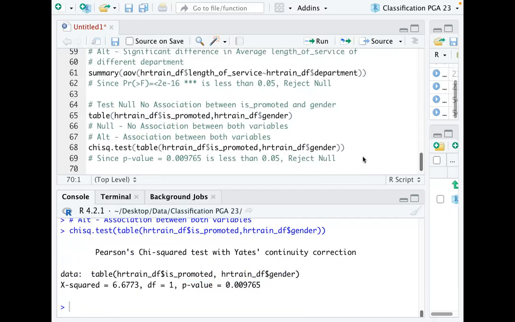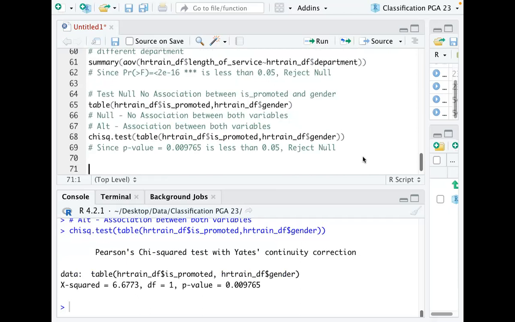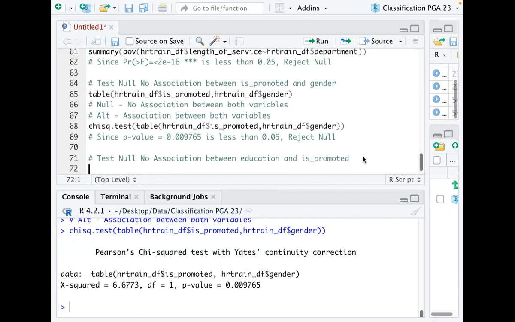Pearson's chi-square test with continuity correction. Education and attrition. Sorry, promotion. Education and is underscore promoted.